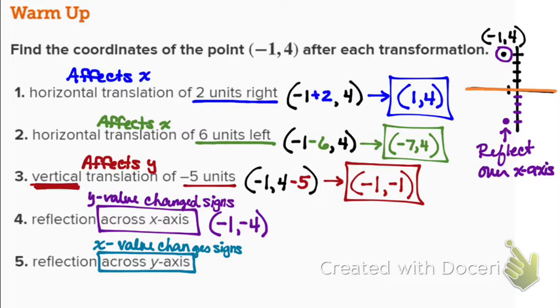Right, so if I reflect it across the y-axis, I would fold it in half like this. Where is it going to go to? Where would my point move to if I folded it in half across that vertical line? +1, +4, right here.